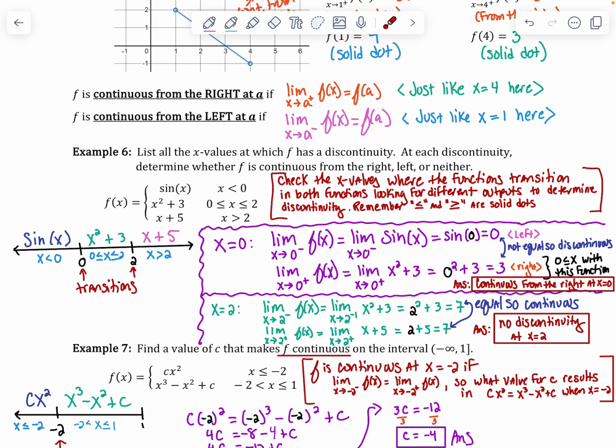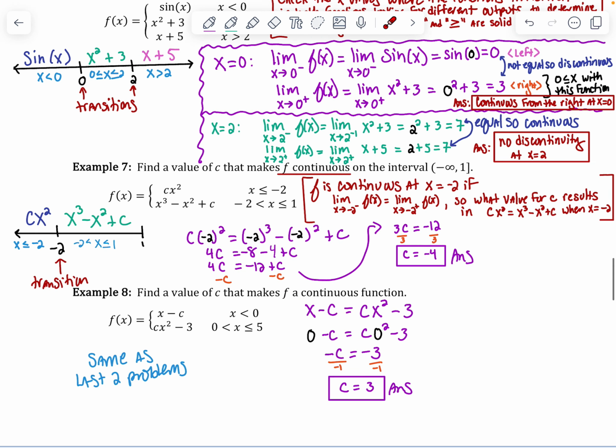So this means my function is continuous, but the way the question was asked, find the x values that have discontinuity. So the way your WebAssign will better be worded and a quiz or exam would be worded is, state what happens at 0 and 2. So we would state the function was continuous from the right at x equals 0, and there was no discontinuity at x equals 2. I think I said 2 when I meant 0 for the previous one.